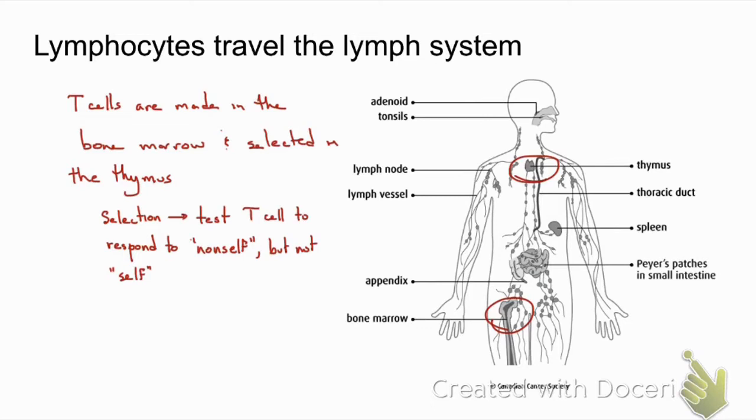In other words, what's really being asked here by the body is: the T cell receptor that is going to be important for the T cell to recognize foreign antigens, is that particular receptor functional?